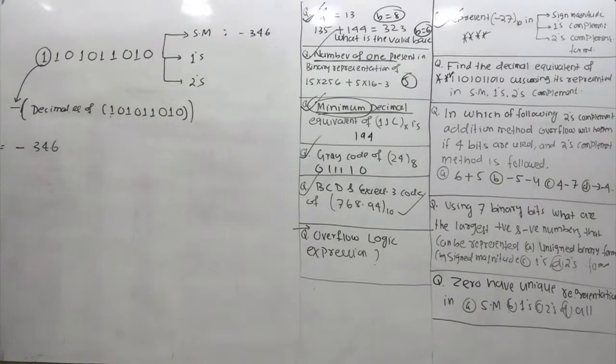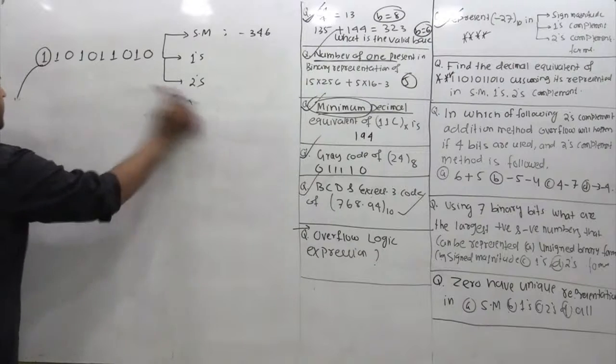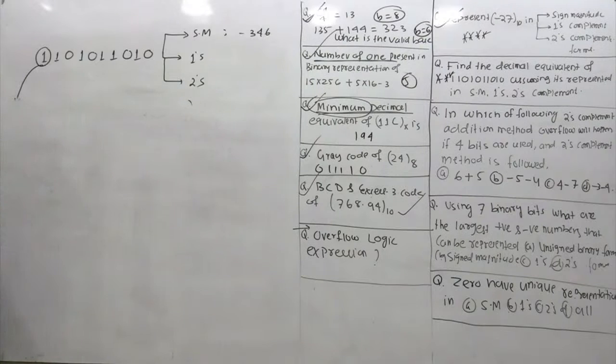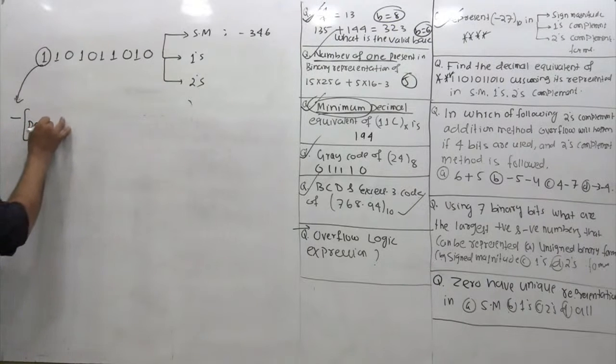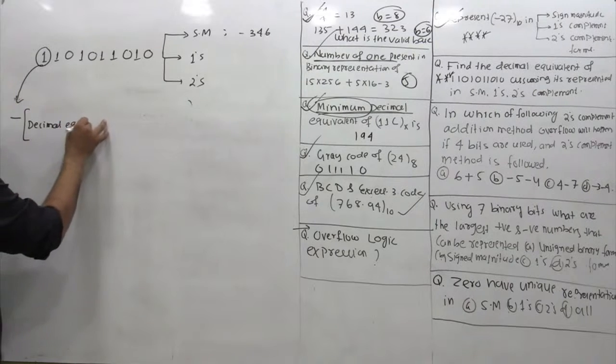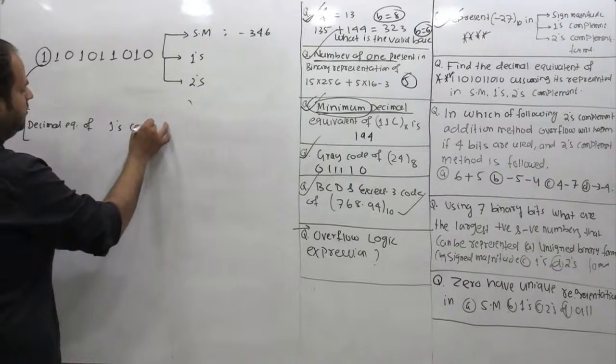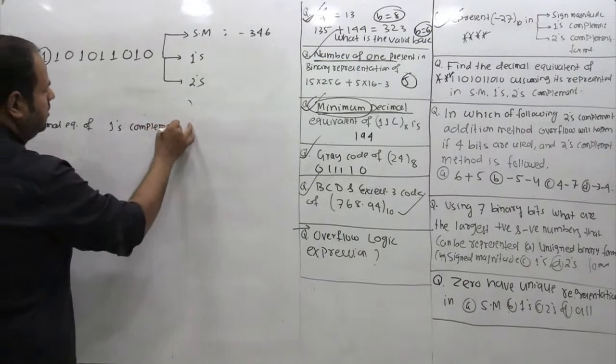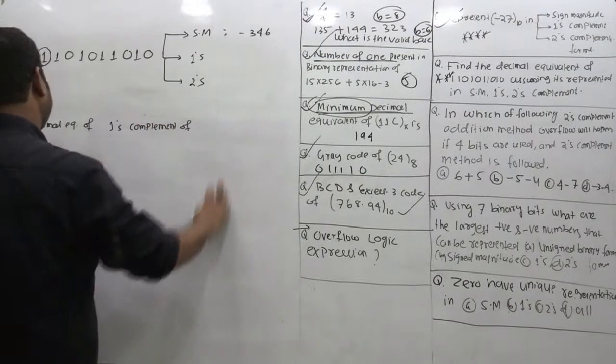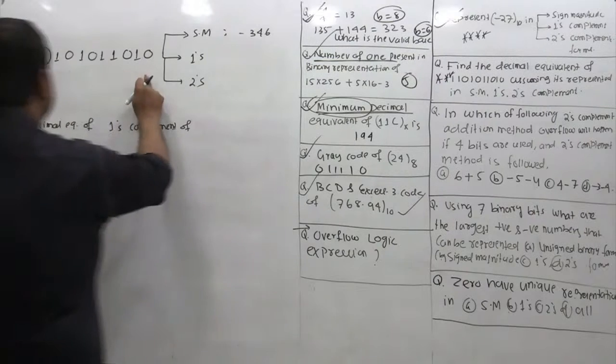Now the next thing is, if this is in 1s complement form, then what is the corresponding answer? Again for this one I am taking a negative sign. Then if you assume this is in 1s complement form, this will be given by the decimal equivalent of the 1s complement of this entire number.